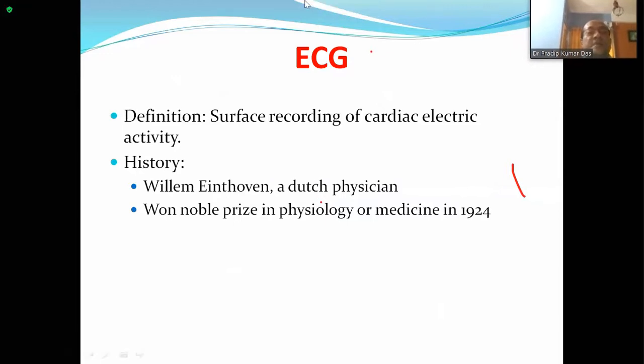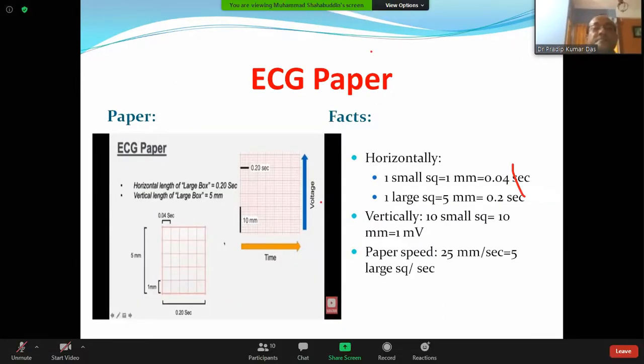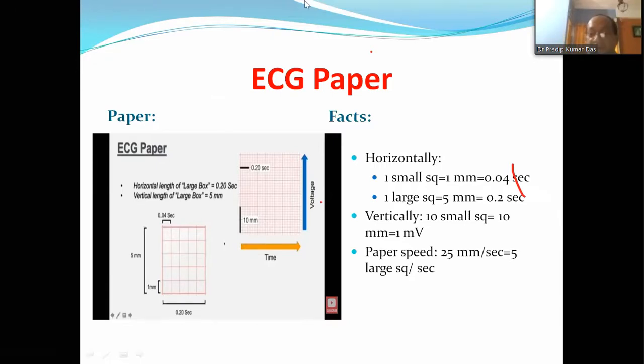So it is all about the very basics of ECG. First of all, the paper of ECG, as you all know, has horizontal and vertical axes. Along the horizontal axis, one small square equals 1 millimeter, that is equal to 0.04 second, and one large square equals 5 millimeters or 0.2 second.